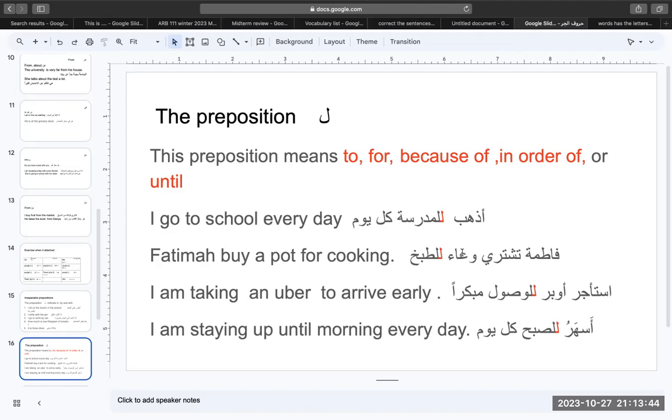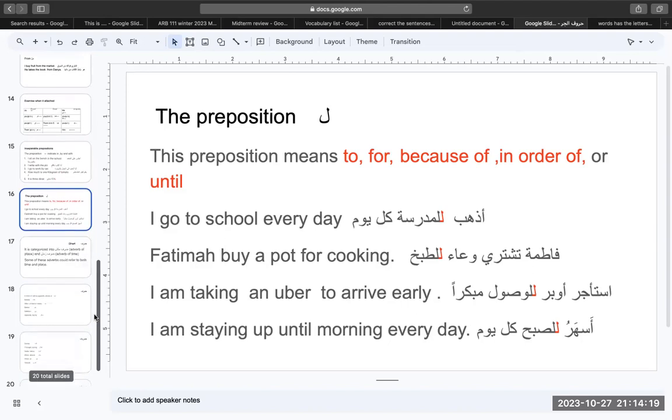For, in the meaning of for. Here أستأجر أوبر للوصول مبكرا. I take an Uber to arrive early. أسهر للصبح كل يوم. I stay up until morning every day.